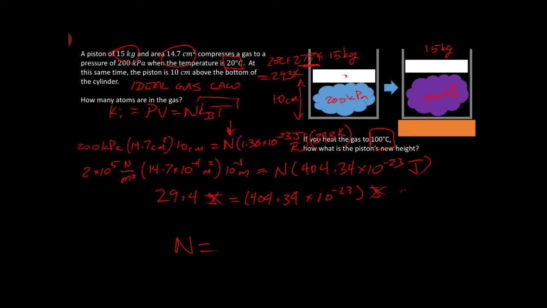And so we have multiplied by n. So that's going to be 29.4 joules over 404.34 joules times 10 to the 23rd. Okay, so 29.4 over 404, that's somewhere around 0.07 maybe?